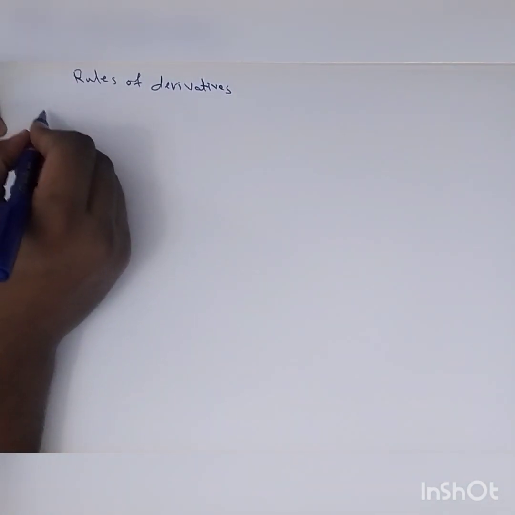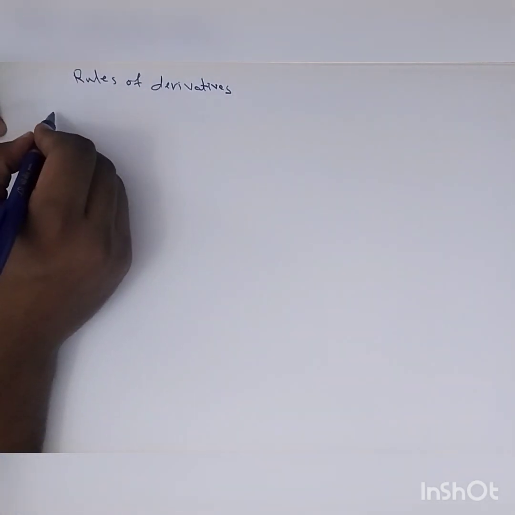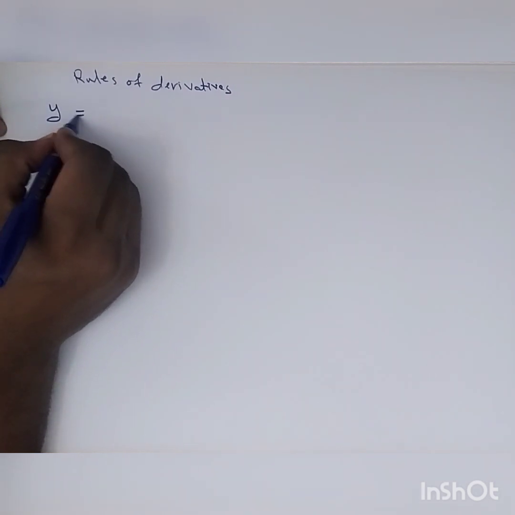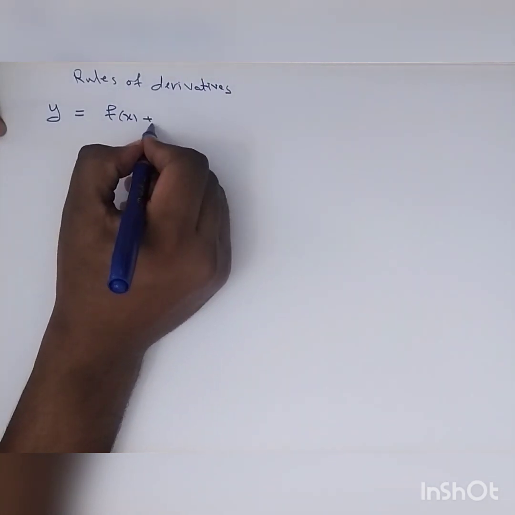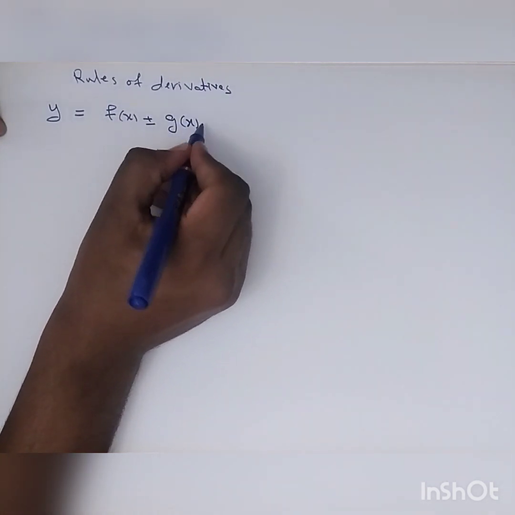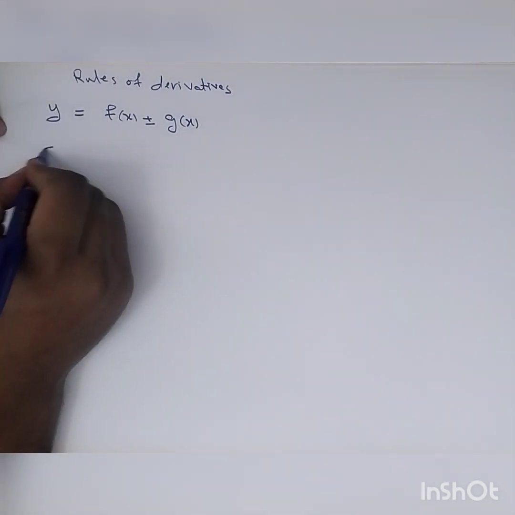Let us say that we have two functions, or let us just say y equals f of x plus or minus g of x. I mean that we already did it, but now we do the rules.